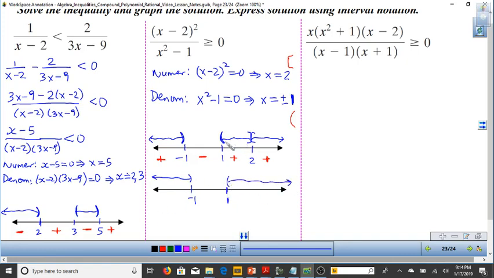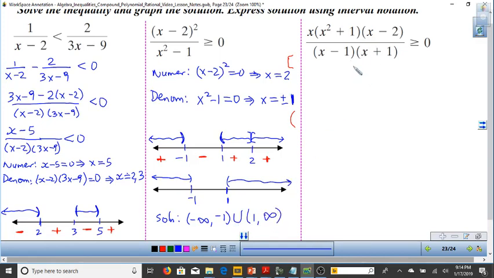So because it includes all the values to the right, my solution then is negative infinity to negative 1, parentheses, or 1 to infinity, also with parentheses.